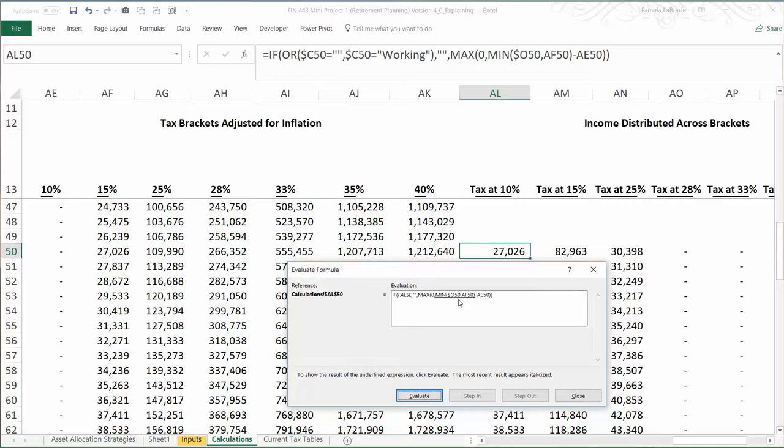Alright, so it's going to look at O50, which is 140,000, and then it's going to look at AF50, which is 27,026, the amount at which the 15% bracket starts. And it's going to take the smallest of those two numbers. The smallest isn't the 401k withdrawal in O50. Instead, it's this 27,026.